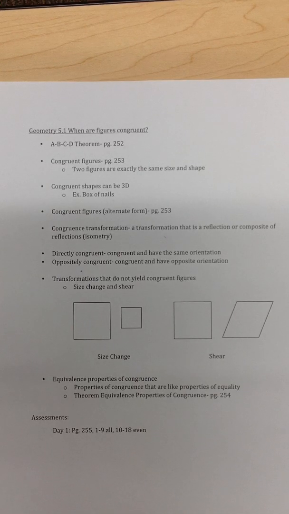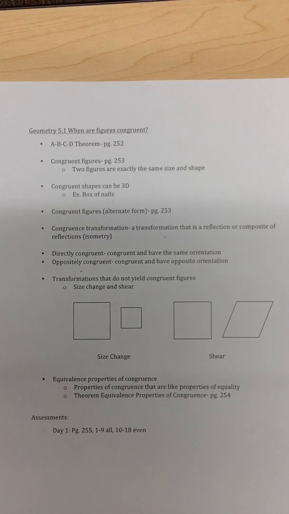Now, we actually see this quite a bit in real life, congruent shapes. One example would be like a box of nails or a box of nuts and bolts. If you go to the store and you buy a specific size of nail or a specific size of bolt, you want every single one in that box to be exactly the same, because nothing drives you more nuts than taking a nut and a bolt and going to screw them together and they don't fit with each other.